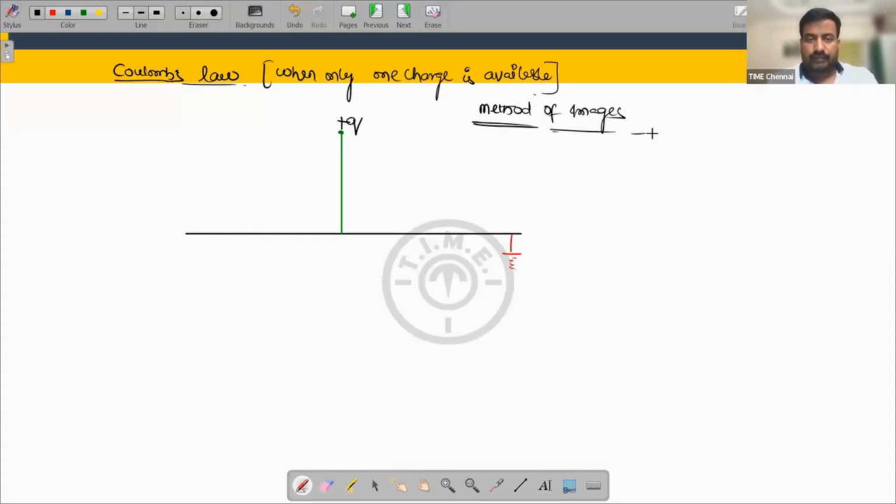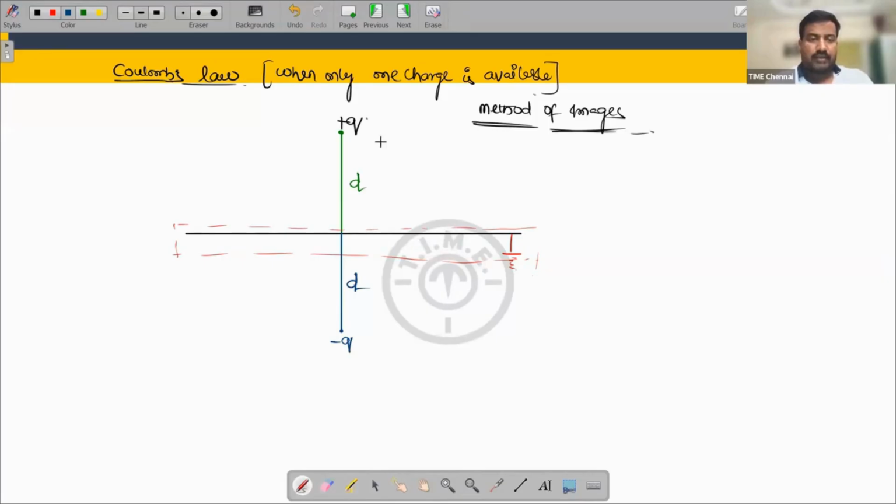What we do in method of images is we remove this ground plane, and at some equal distance d again, we take the same charge of magnitude q but opposite polarity.